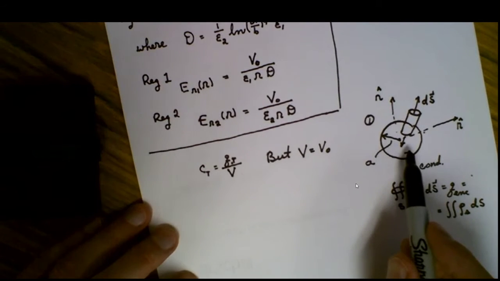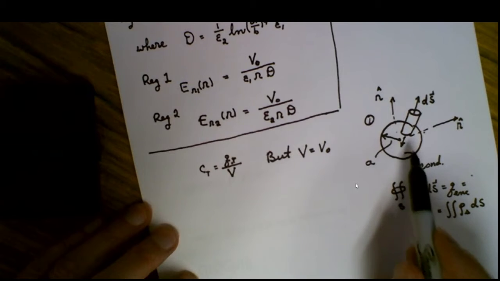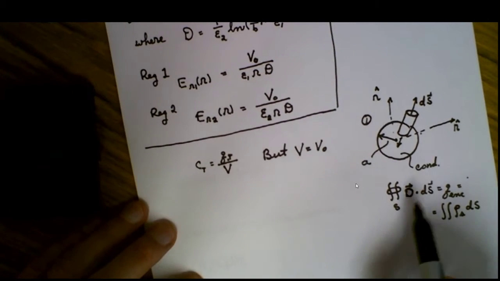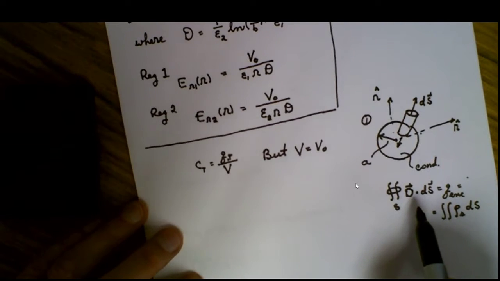Since the field inside a conductor is equal to 0 by the nearly free electron model, we don't have to solve for D in that particular case. We can force it to be 0.